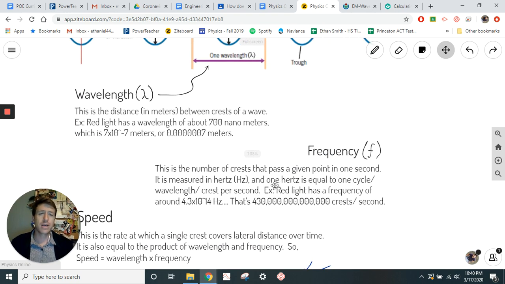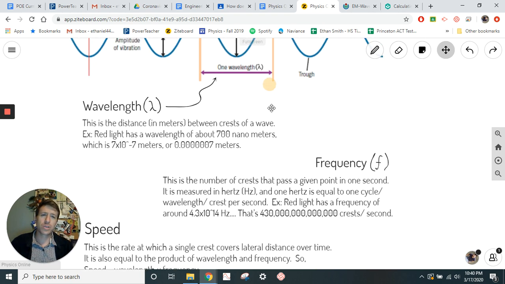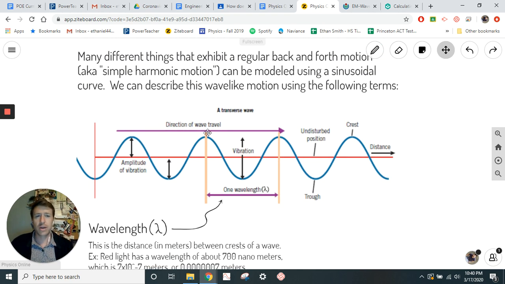Now, hertz is the unit we use for frequency. It's equal to 1 cycle per second. So if I have 5 hertz, then that's 5 cycles per second. Okay. So in order to know the frequency, I need to know not only the shape of my wave, but also how many crests are passing by at a given time.